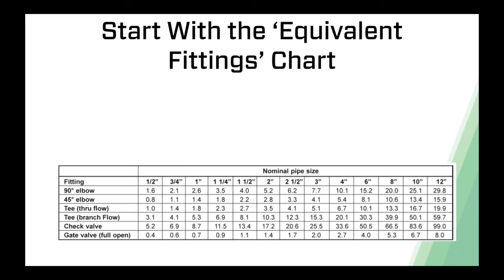So when we start down the road of calculating this, we're going to start with the fittings. Along with this webinar, there are a couple of documents that you can download. One is a friction loss chart, and the chart associated with fittings is located on page 2 of that document.